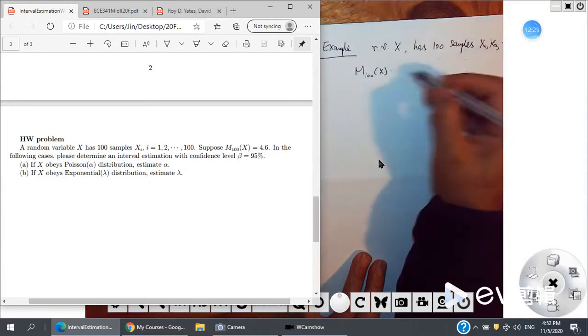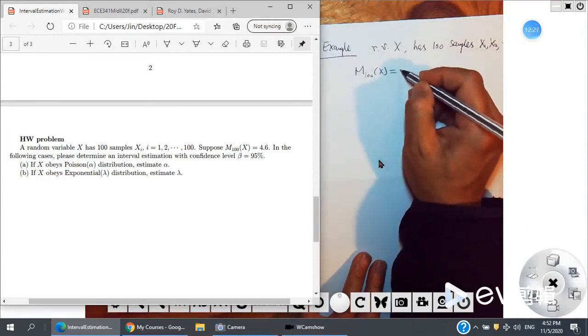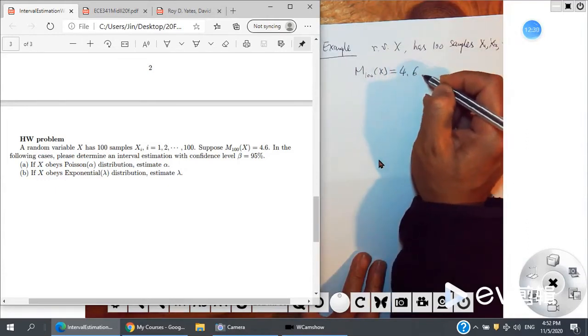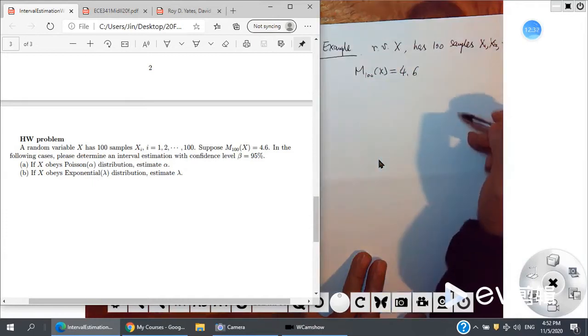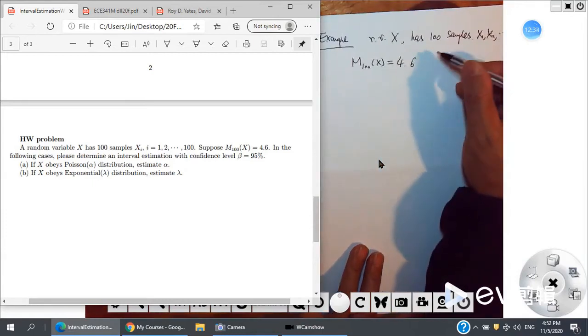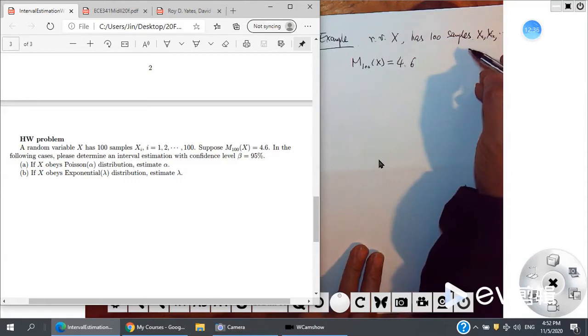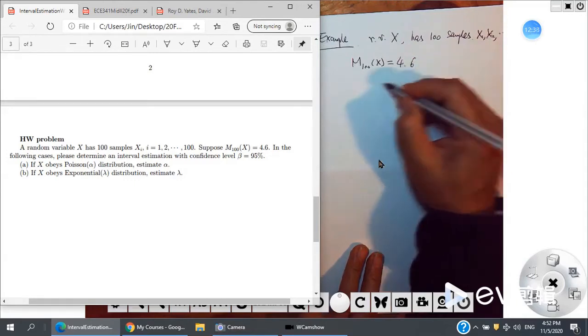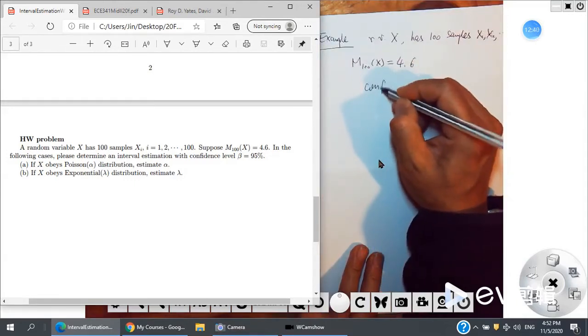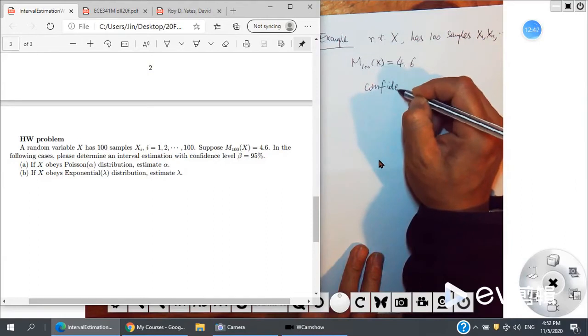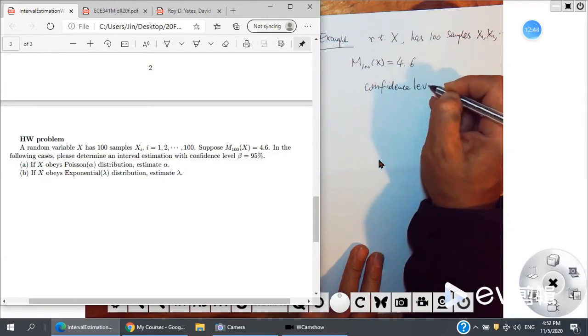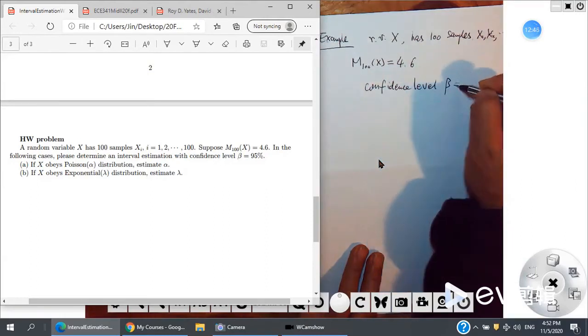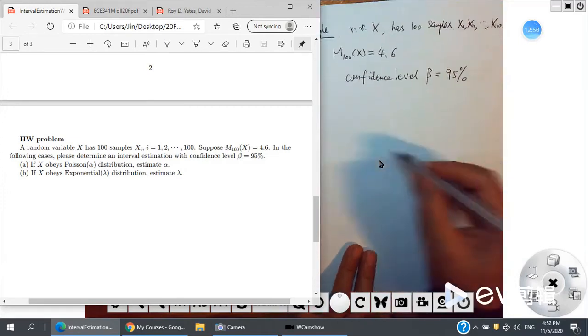Now we suppose this one is 4.6, and we want to estimate the parameter with the confidence level beta of 95%.